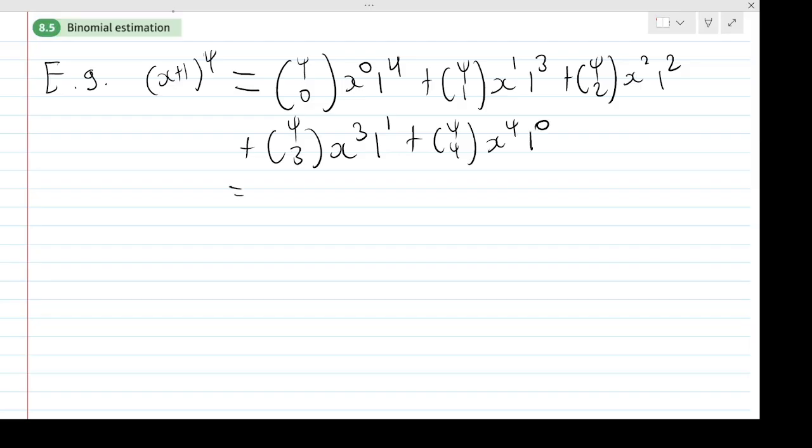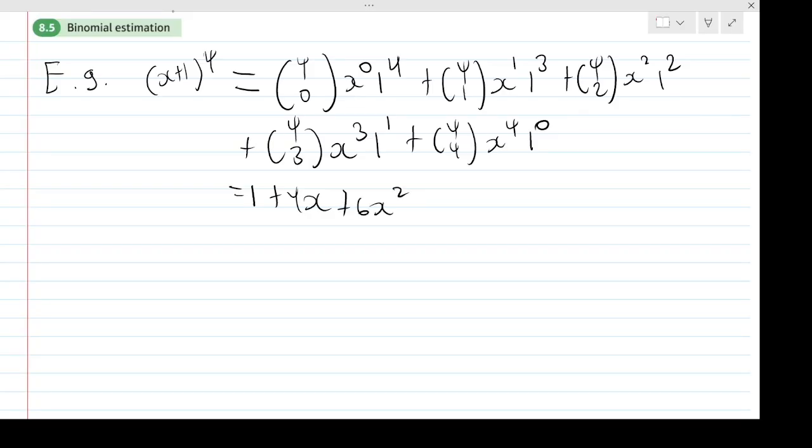4 choose 0 is 1, x to 0 is 1, 1 to the 4 is 1, so we get 1 for the first term. The next term is 4 choose 1, which is 4, times x times 1, so that's 4x. Then the x squared term: 4 choose 2 is 6, times 1, so we get 6x squared.